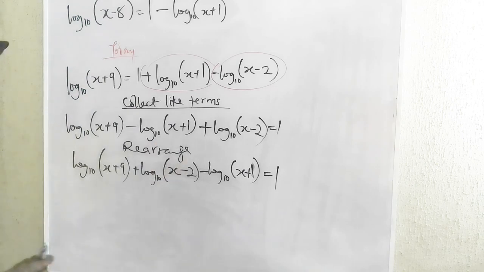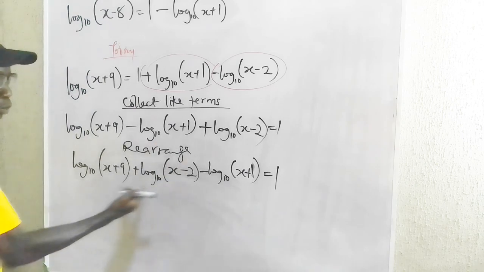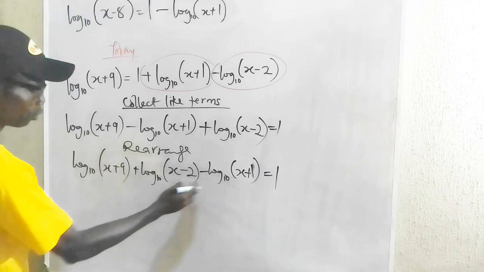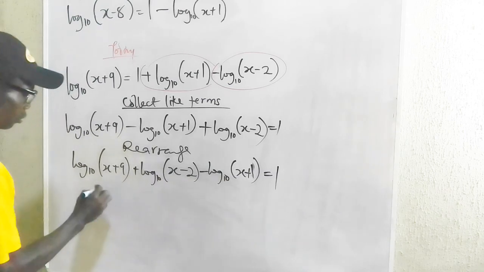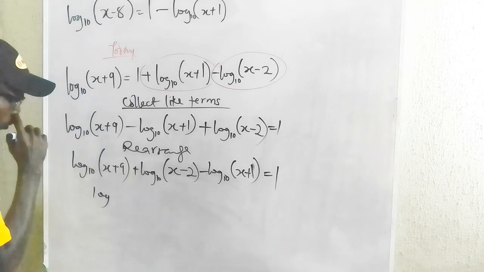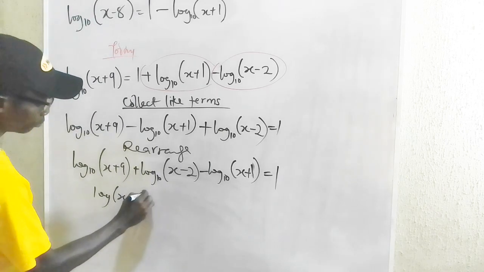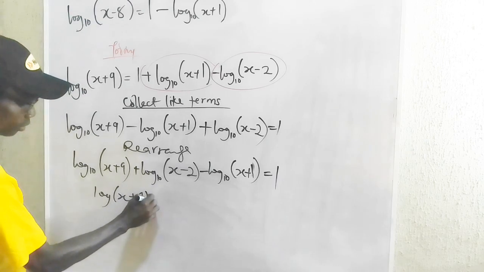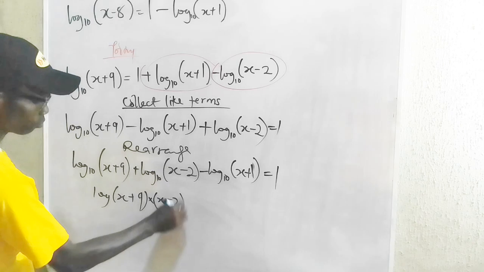Now, having got this, we see that these two have the same log. And this also has log, so these two will multiply because of the addition, and this will be a division. So this is going to be log of x plus 9 times this x minus 2.